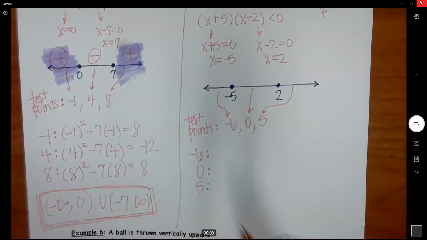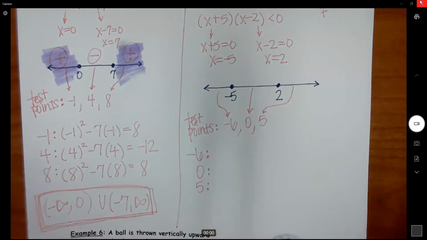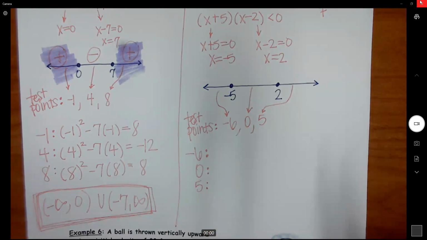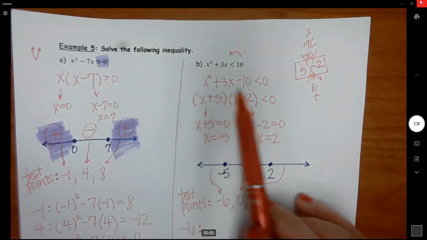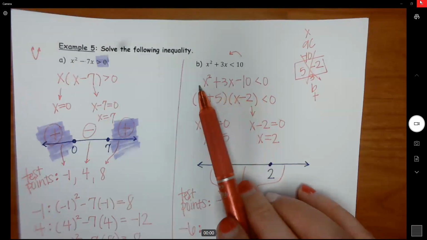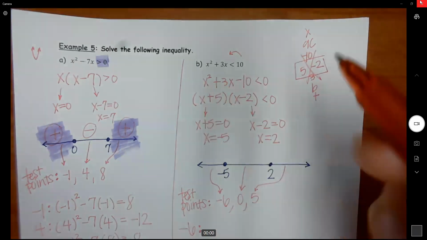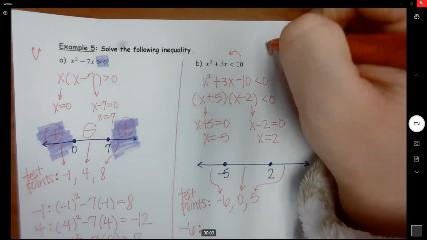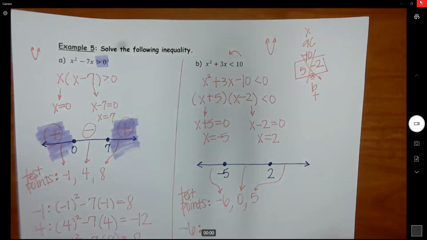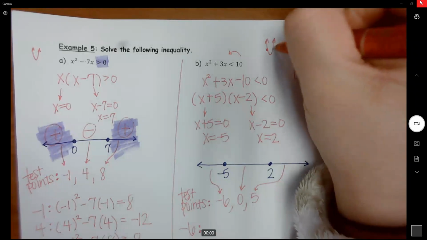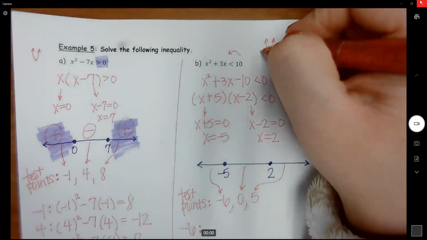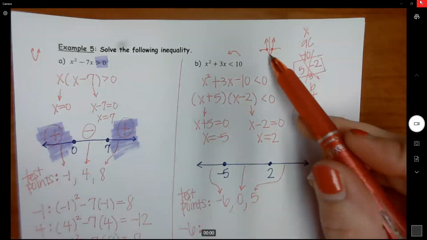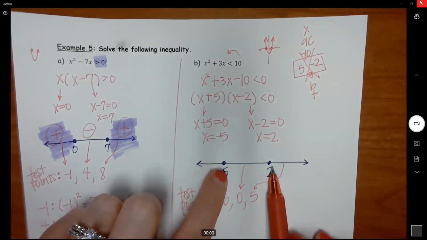But from previous videos in this lesson, you should know what this is going to look like. This is a parabola. Because a is positive, this parabola should be opening up. And so what we have on this graph is its two x-intercepts right here.